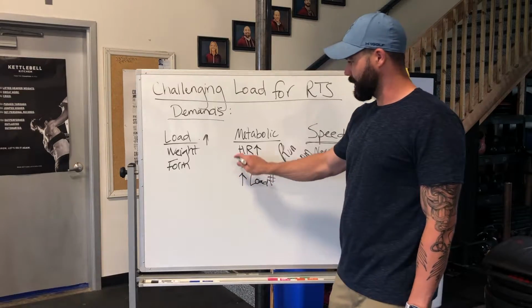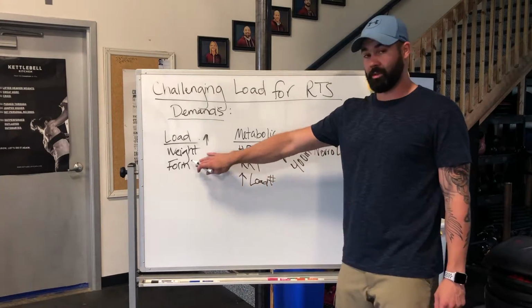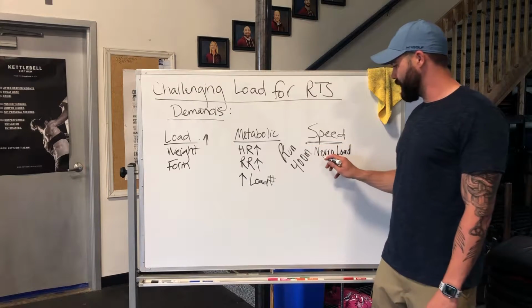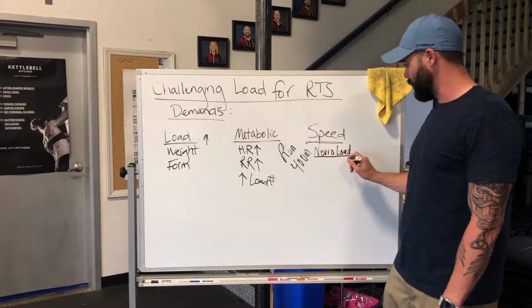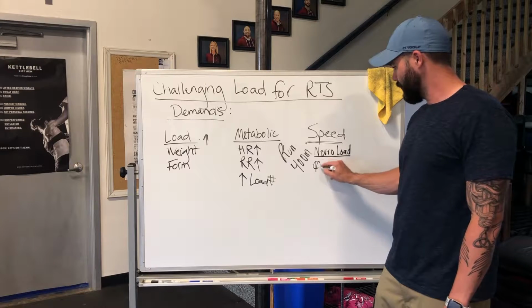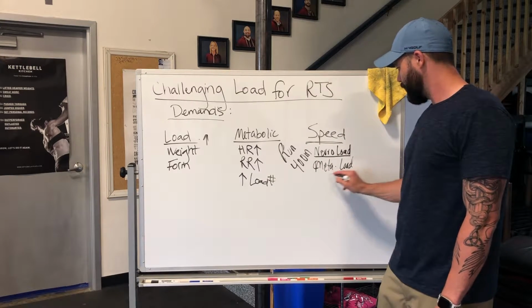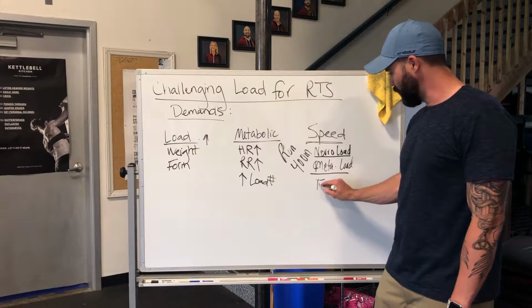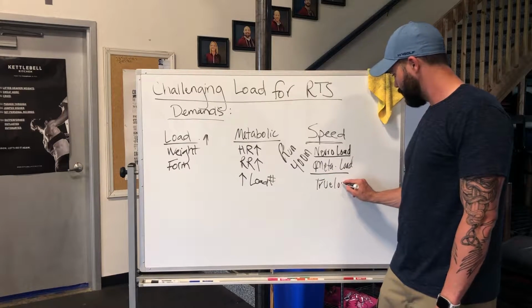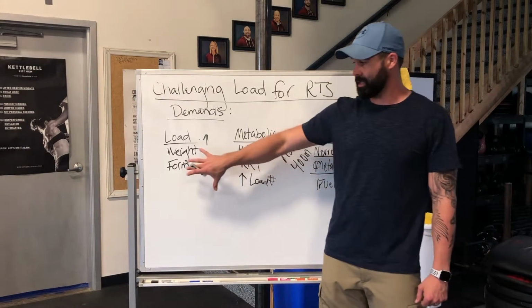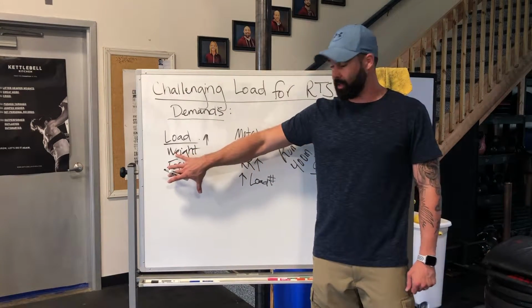Remember, this is a cardiorespiratory load, true load. The thing about speed is it's not only a neurological load, but it's also a metabolic load and a true load all in one.